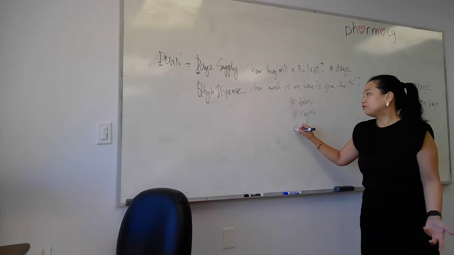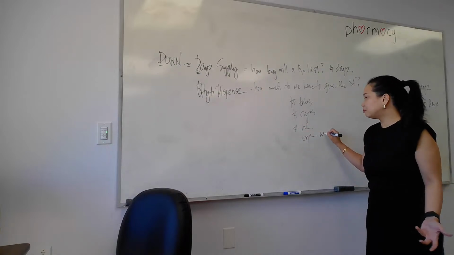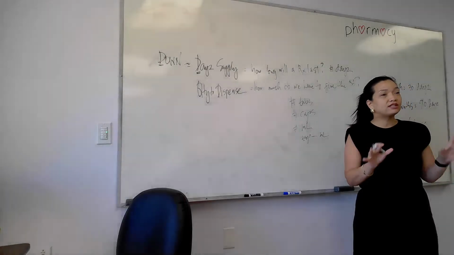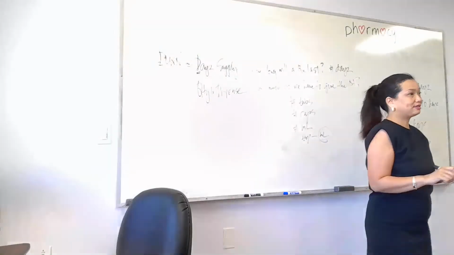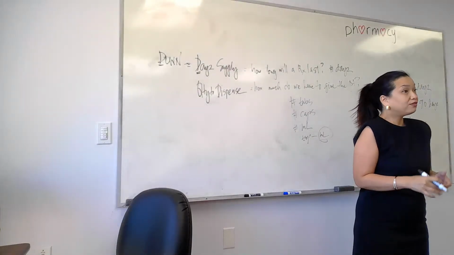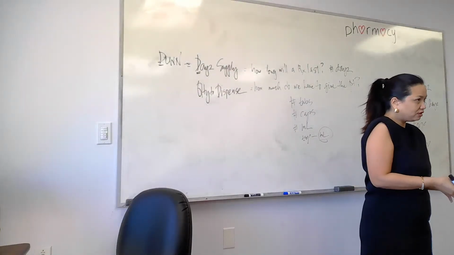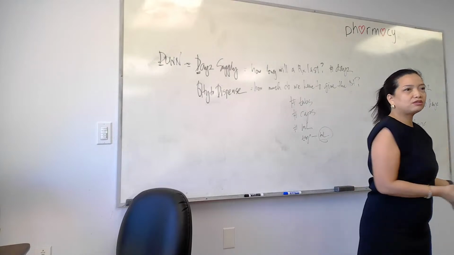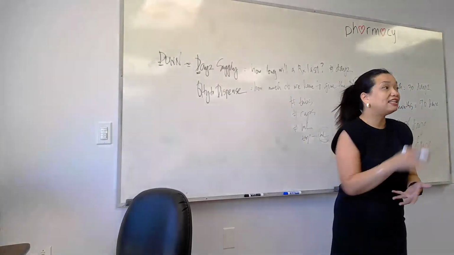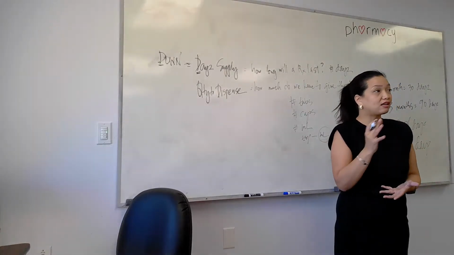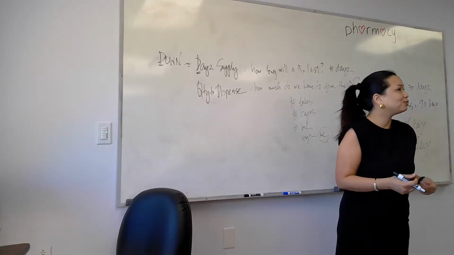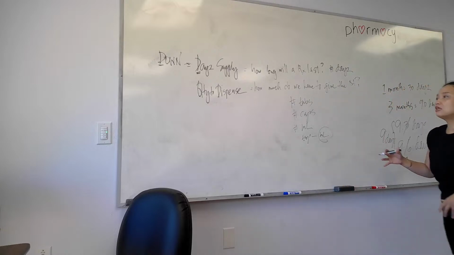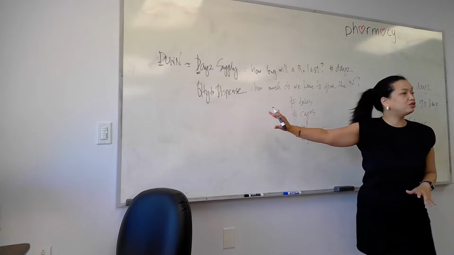If your final answer is in teaspoon, you've got to convert it to ml or whatever the question is. As a general rule, your final answer must be in metric for liquids. So if your final answer turned out to be in ounce or teaspoon, make it ml, unless it's specifically asked on the test how much this is in teaspoon or ounce. You follow it? That's just what quantity to dispense is.